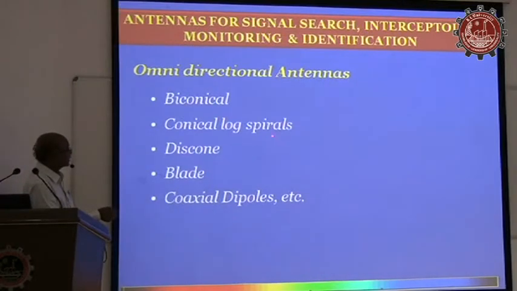Now the conical spiral. Suppose you want to communicate with an aircraft or a satellite, then we should have omni coverage and a wide hemispherical coverage. The conical spiral is the only antenna which can give a wide beam in elevation as well as in azimuth, working over a broad frequency bandwidth with circular polarization. These are the characteristics of the conical spiral antennas.